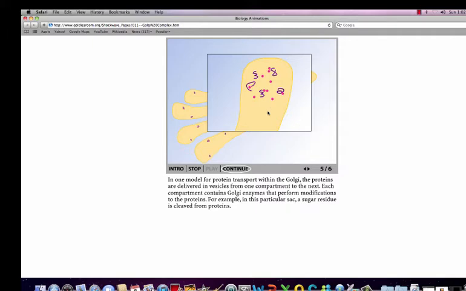So their further processing is taking place. Okay? And each compartment, so these are cisternae, so each compartment of the Golgi contains enzymes. And one of the functions of the Golgi, you remember, is to modify, synthesize, and to store proteins. And so these proteins are modified, okay, by enzymes. And in this particular case, let's continue here, a sugar residue is cleaved.